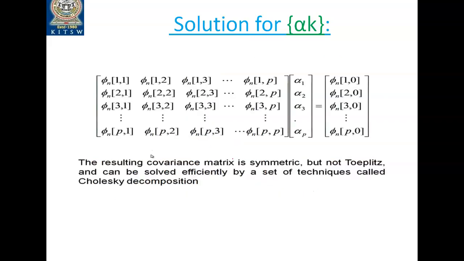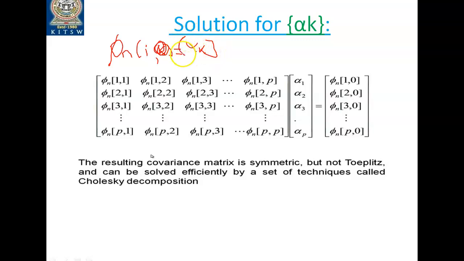So when you represent the same phi n of I comma k, let me write that phi n of I comma k equals what you will be getting. It is phi n of I comma 0 equal to alpha k.